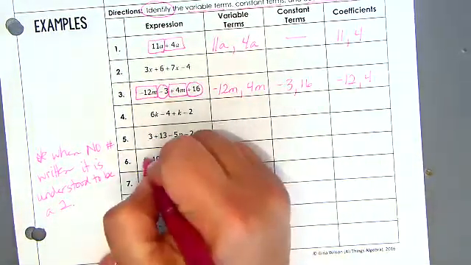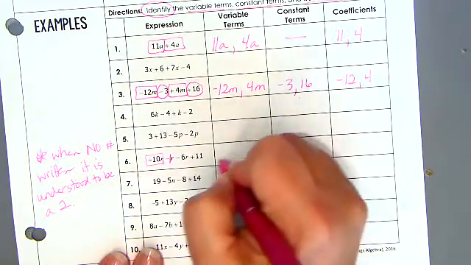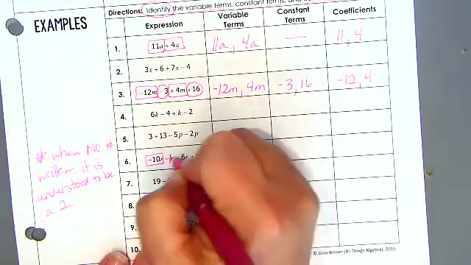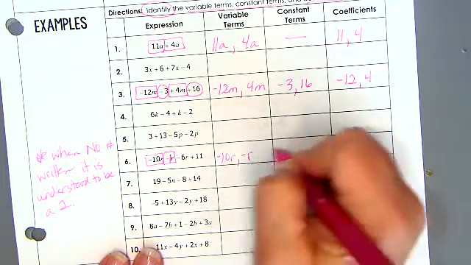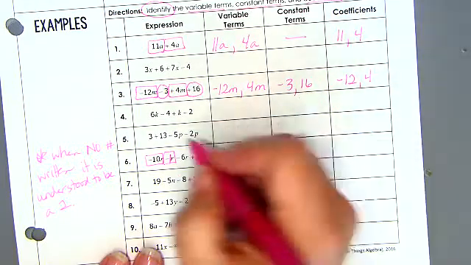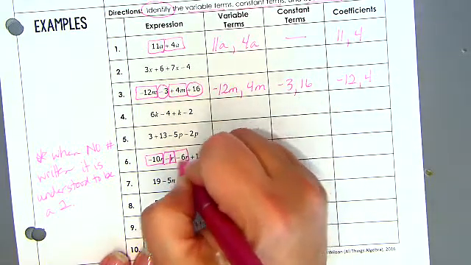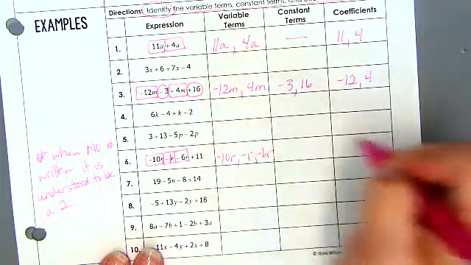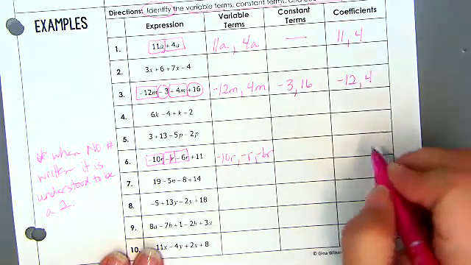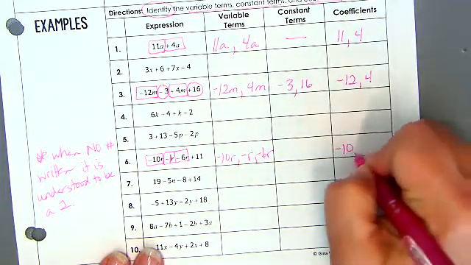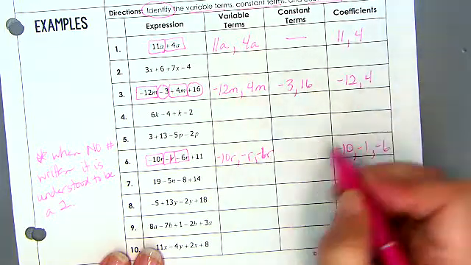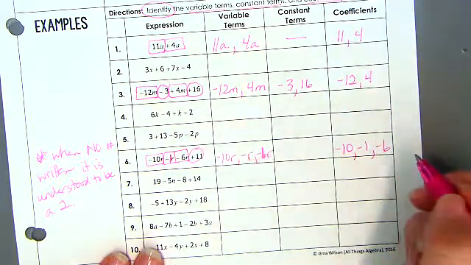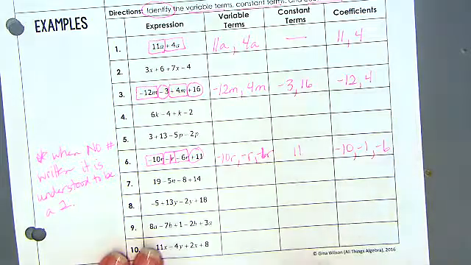Okay, so when I'm looking at this, I'm going to box my like terms. So I'm going to have a negative 10r, a negative r, or I could write a negative 1r, and a negative 6r. So now I'm going to go ahead and do my coefficients here. So I'm going to have negative 10, negative 1, and negative 6. And then my constant is 11.